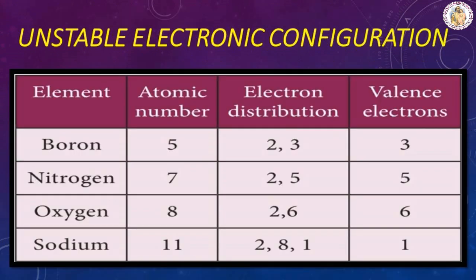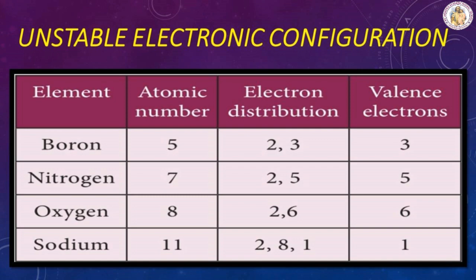Now come to the tabulation of unstable electronic configuration. Element boron, its atomic number is 5, electron distribution is 2, 3. In the valence shell, electrons is 3. It loses 3 electrons to other atoms, then only it becomes a stable configuration.